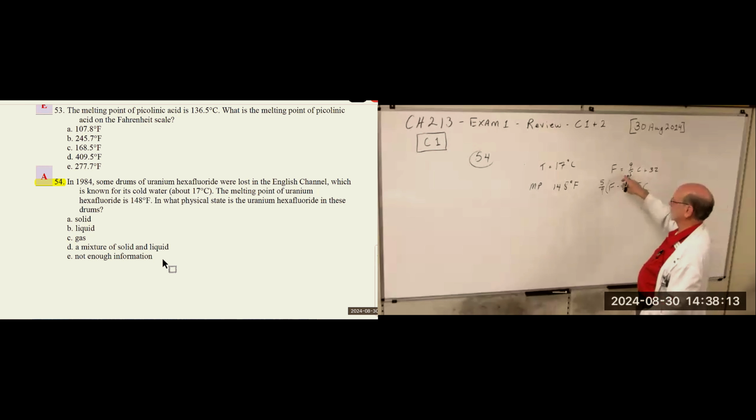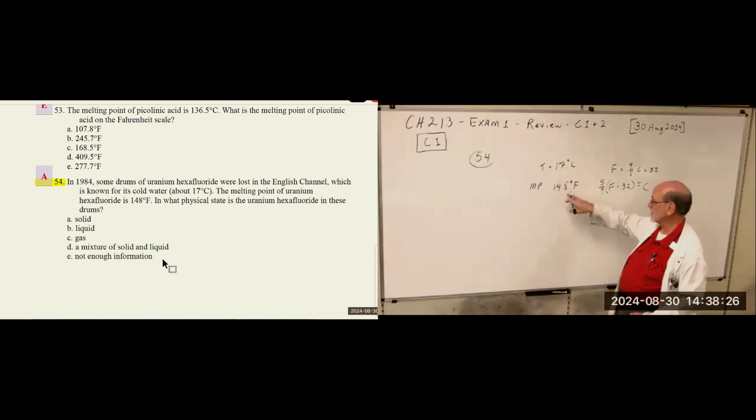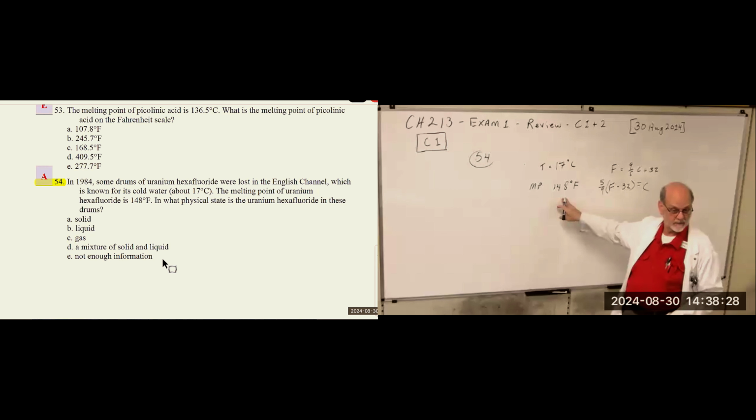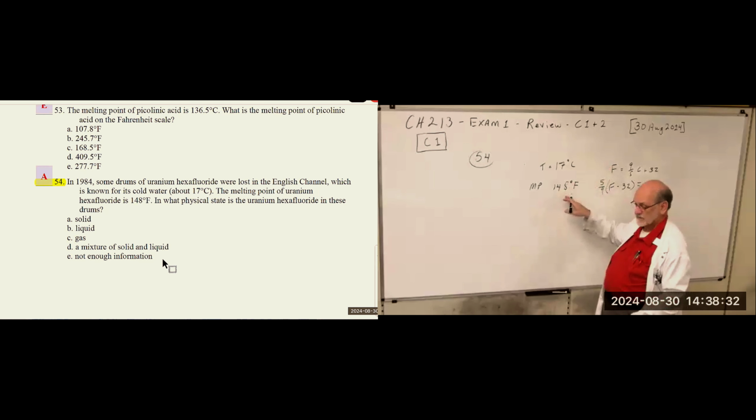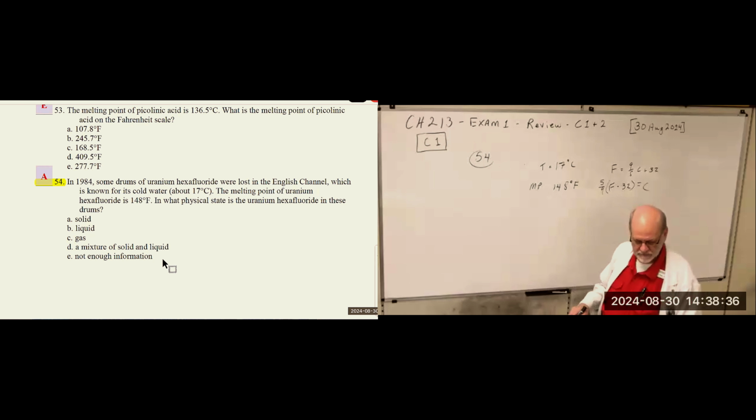Let's do this one. It's easier. So 17, what's 1.8 times 17? It's a little less than 30. 30 plus 32 is 60. All right. So that temperature is a lot lower than this. It's not high enough. We don't even have to calculate it, just estimate it. Right. So this is going to be a solid, or uranium hexafluoride.